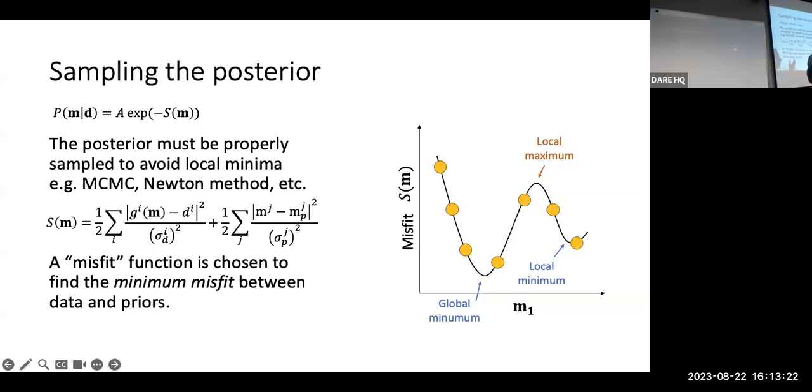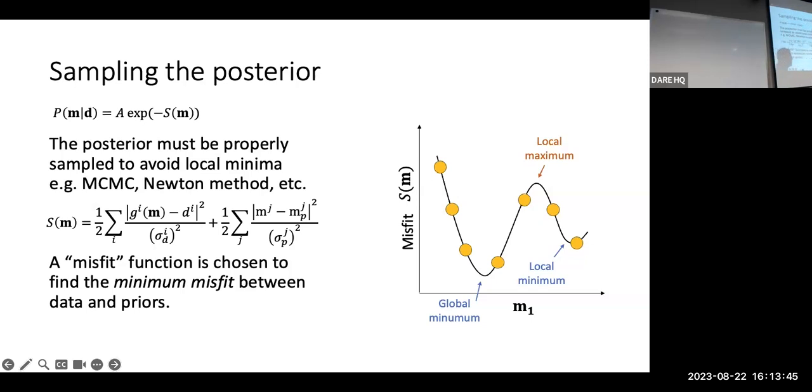So you want to try and find the lowest misfit to get the optimal model. That's the optimal trade-off between your data, your priors, and your likelihood function. Sampling this misfit essentially gives you an idea of how much variation there is within your model space.